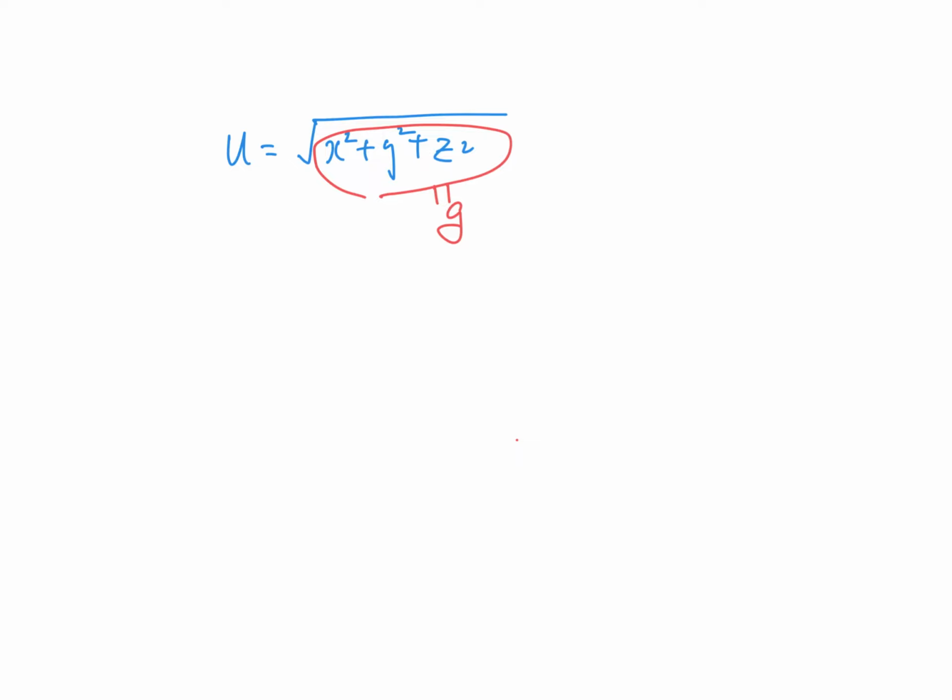Then what is du/dg? Remember that? And partial g over partial x is what? 2x, right?